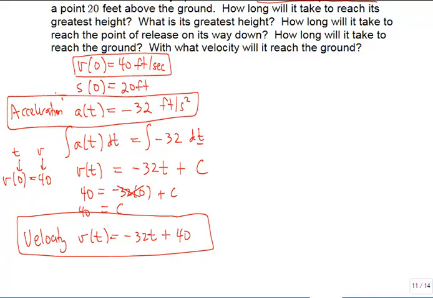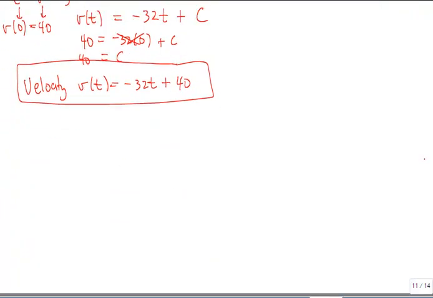So now how do we find position? We integrate again. So I'm going to take v of t, I'm going to stick a dt next to it and an integral, and I'm going to take negative 32t plus 40, stick a dt next to it and integrate it. What function has as its derivative velocity? Well, that's position.